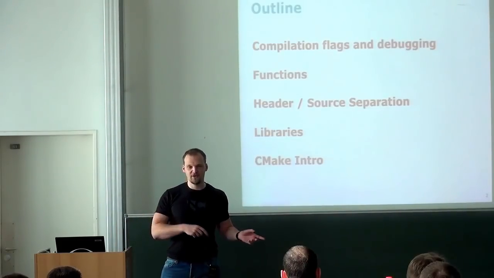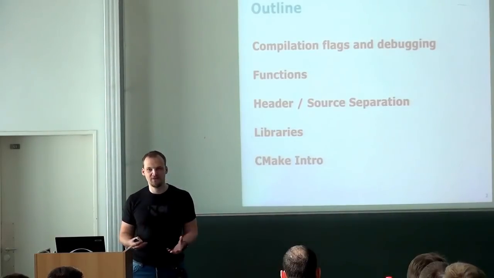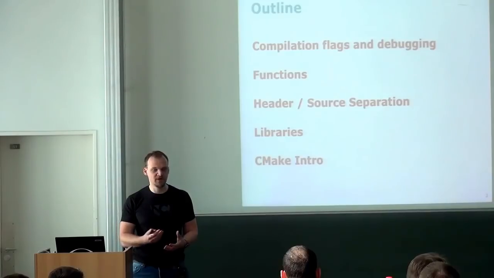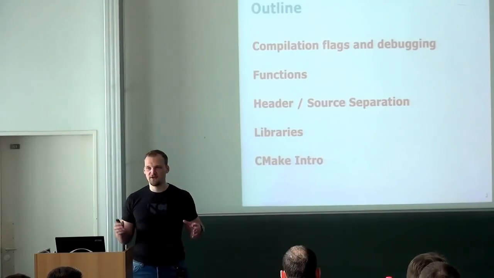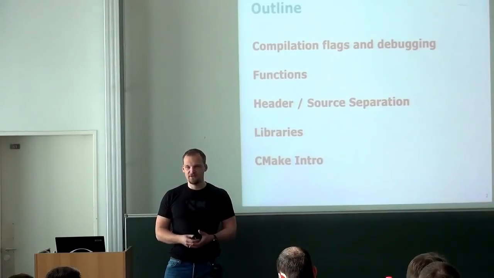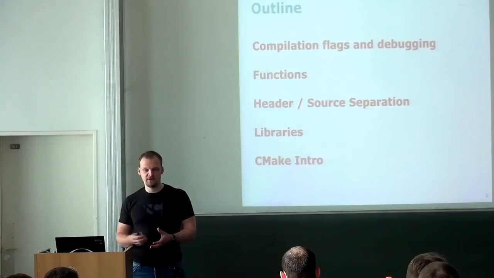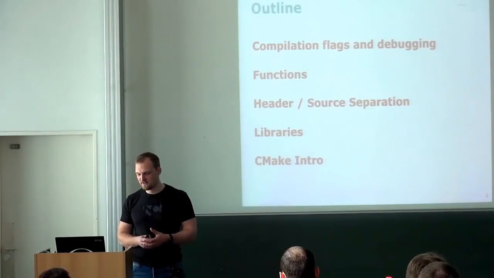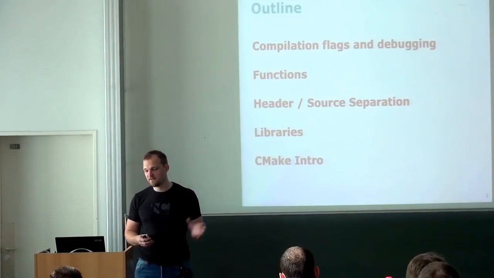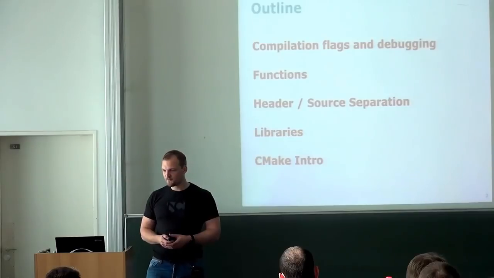We're going to then go into libraries, how to organize a bunch of files into a library, what a library is, and how to work with them, how to think about them. And then in the end, we're going to do a gentle intro into CMake, which is one of the standard build tools nowadays. Most of the open source projects use it. A lot of companies use it. So that's our agenda for today.